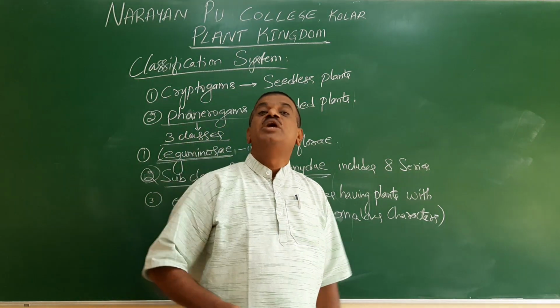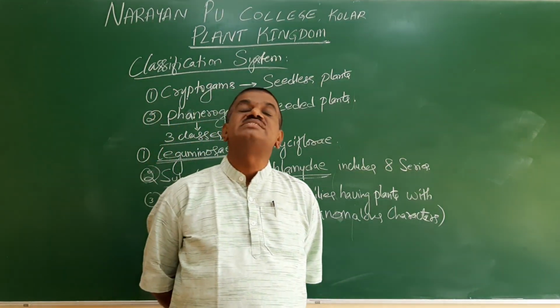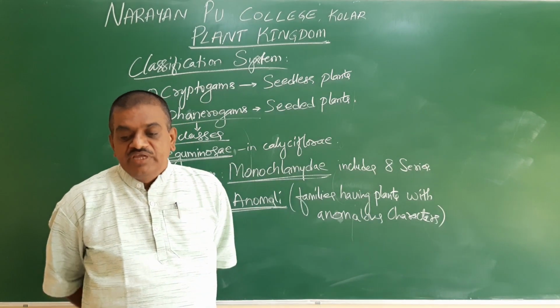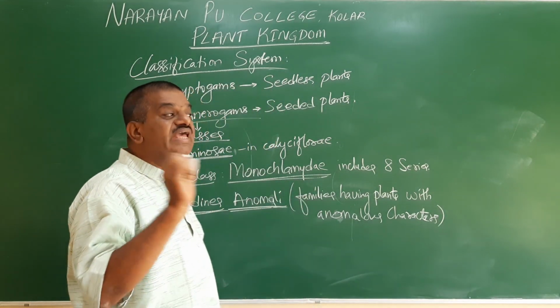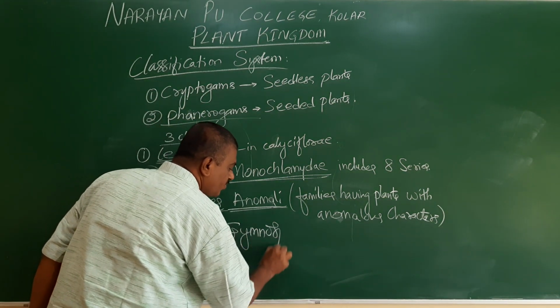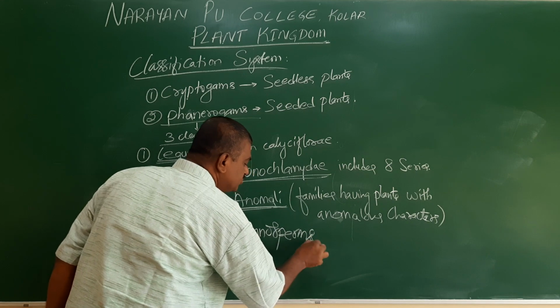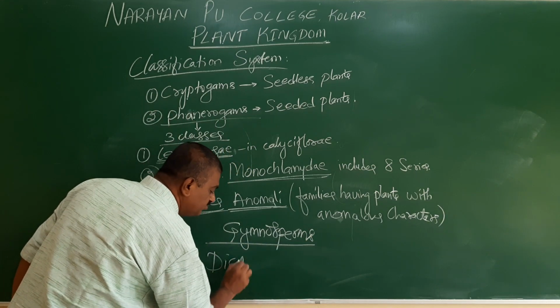Whereas Bentham and Hooker's classification is not accepted, because here is the demerit: they included gymnosperms in between the dicots and the monocots.